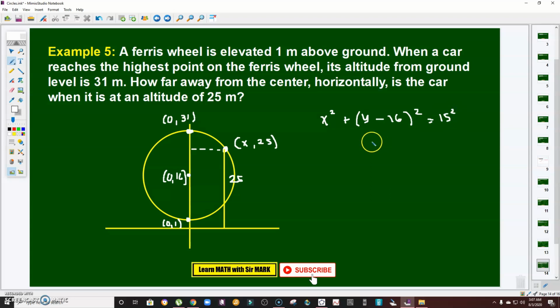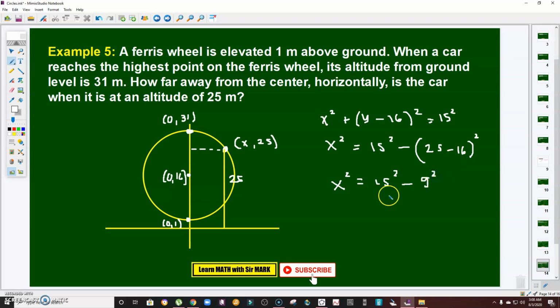Clear? Okay, so now I'm after x. I already have y, which is 25. So what I'm going to do is this: 15 squared minus, okay, this. Note that my y is 25. So I'll just write it. So that will be x squared equals 15 squared minus 25 minus 16 is 9 squared.